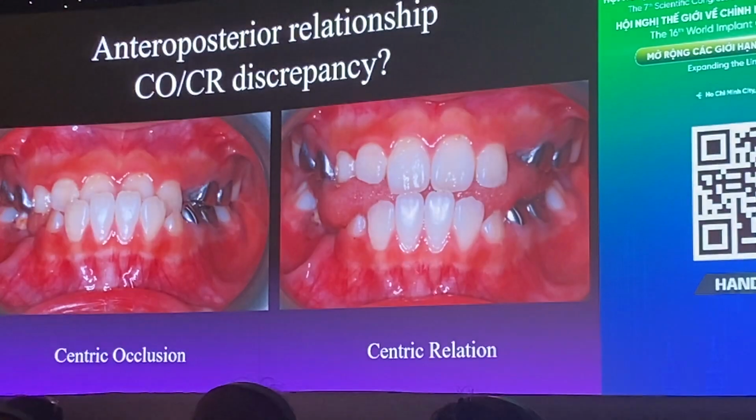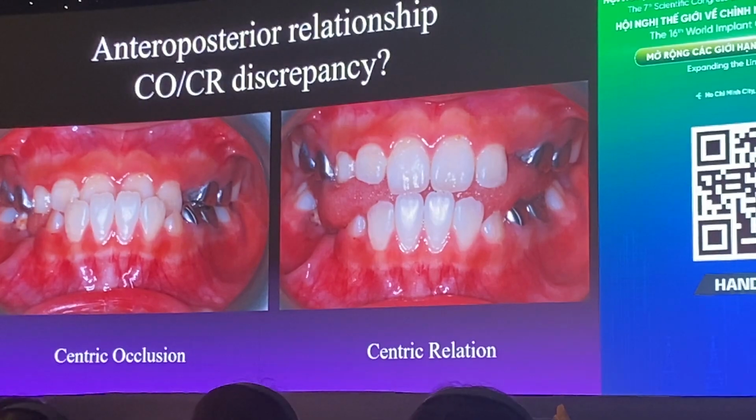So what you need to do is check for the difference. If the patient can actually bite end to end, some of you call it pseudo class 3, right? It's easier to correct, and easier to jump the anterior crossbite.